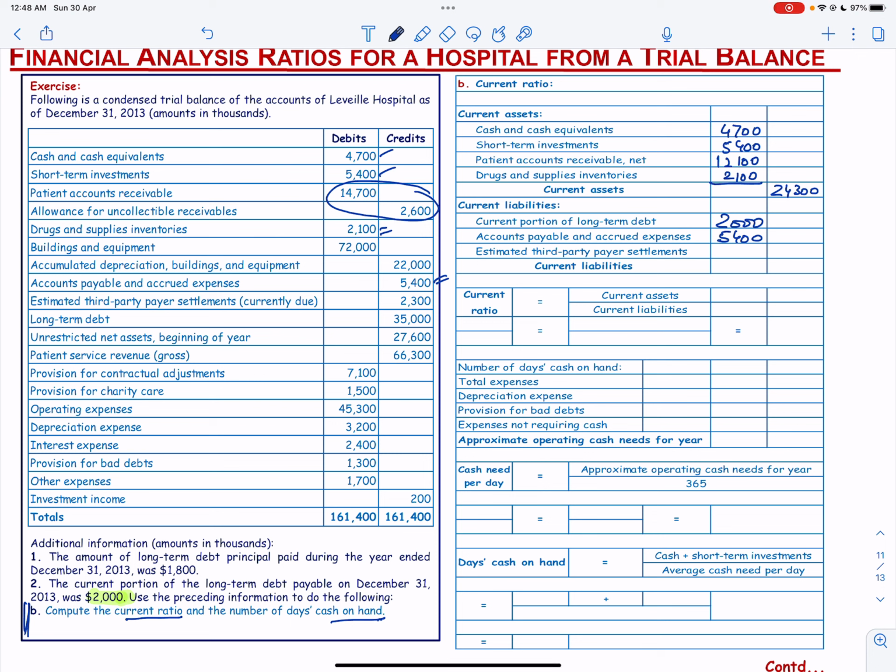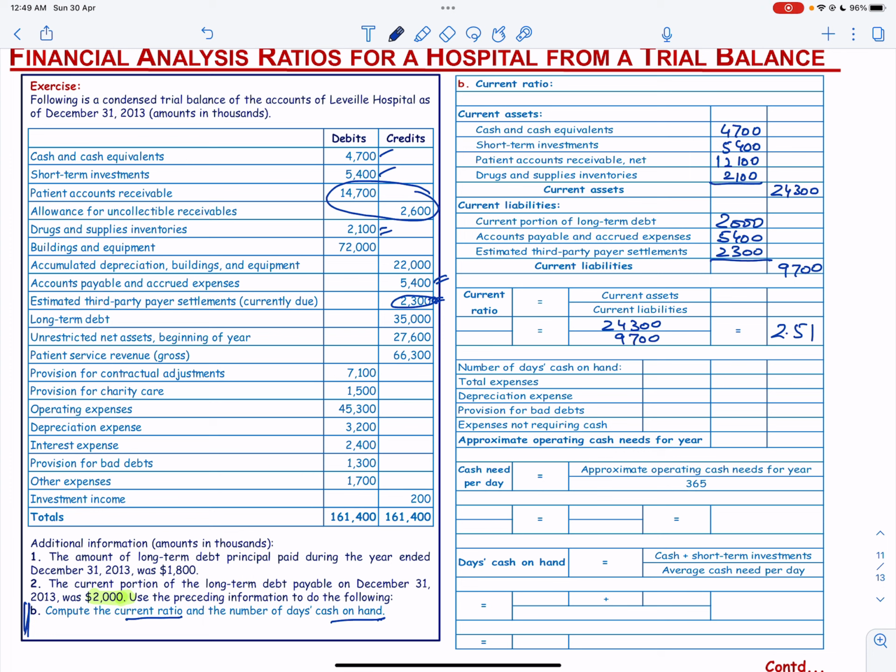Then we have estimated third party payer settlement, and you can see that is 2,300. So the current liabilities are 9,700, and the current ratio is current assets over current liabilities. Current assets are 24,300 divided by 9,700, and this will give us 2.51.